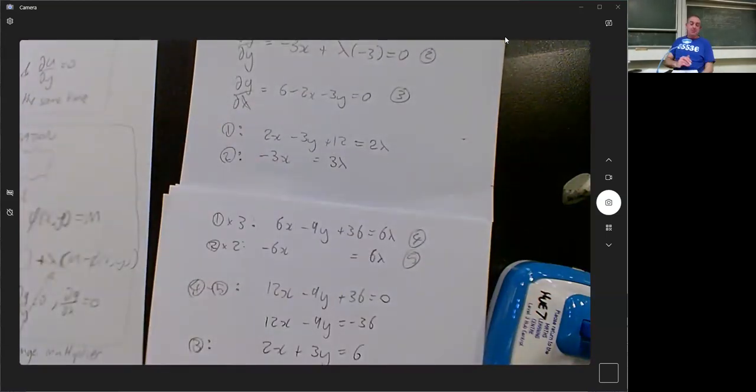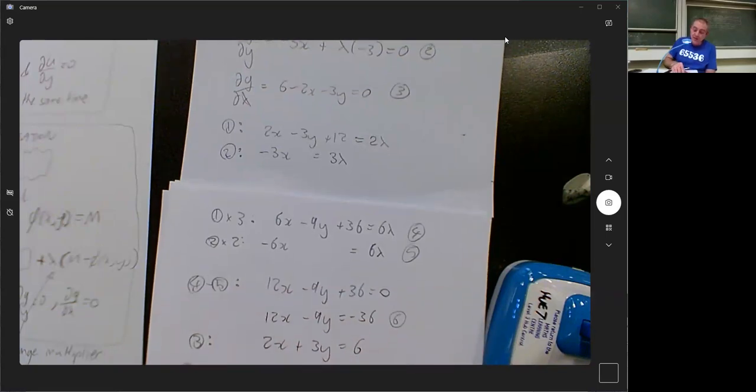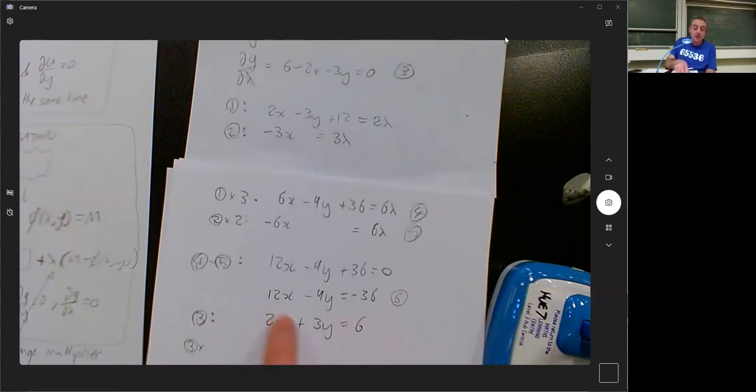Okay, sure. How are you going to go about solving these two? Oh, by 6 to make the x's match? Is that what you're going to do? Yeah, okay. The other option is to multiply it by 3 to make the y's match. That would work too.